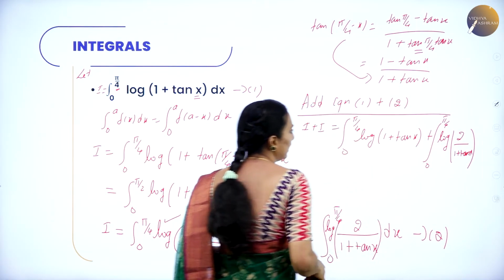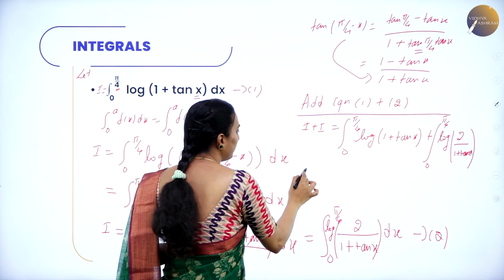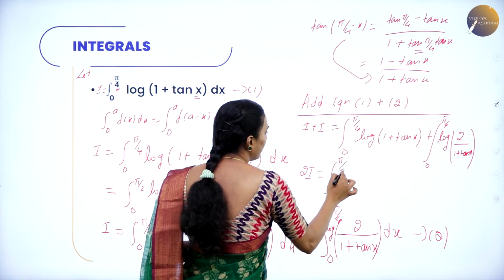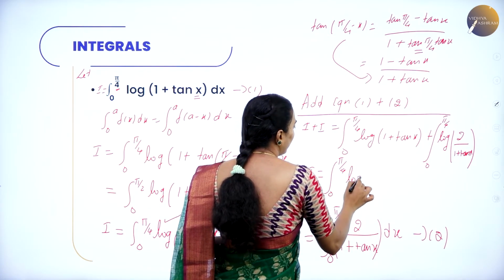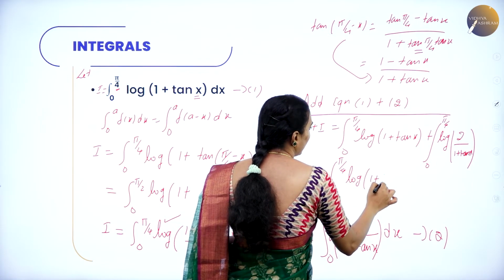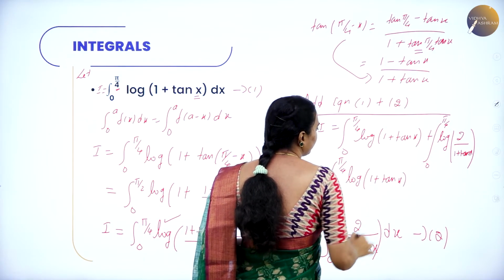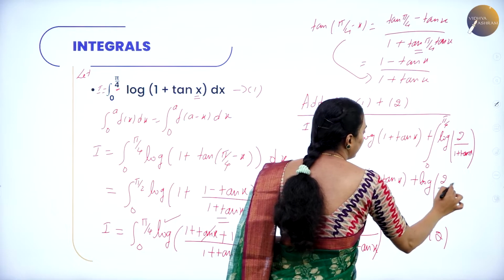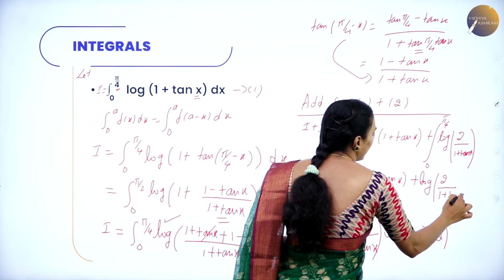Now you can combine the limits, dear students. By combining, I plus I will become 2I is equal to integral 0 to pi by 4 log of 1 plus tan x plus log of 2 divided by 1 plus tan x, right?